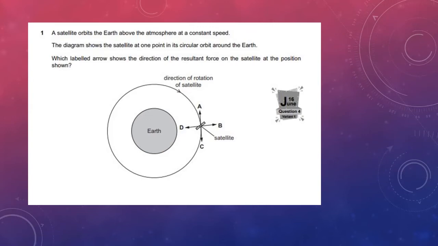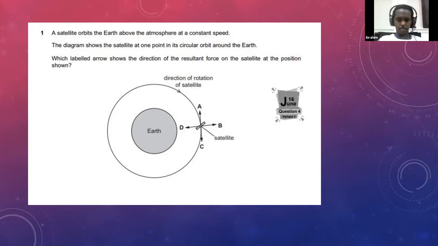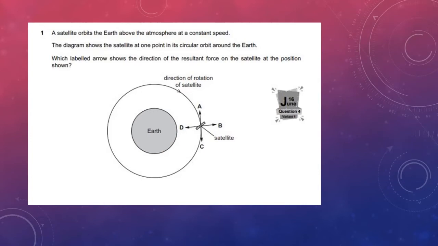Ahmed, do you understand this point? Ibrahim, do you understand? Fine. If I ask you, Ibrahim, choose the suitable arrow which represents the velocity of this moving object.